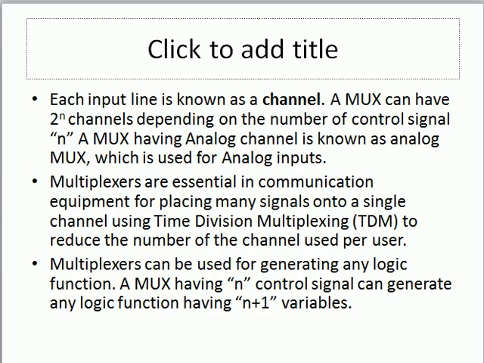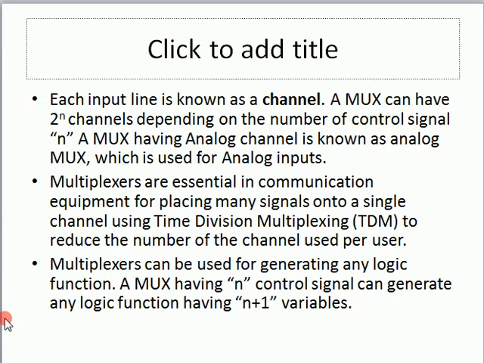Each input line is also known as a channel. So a MUX can have 2 raised to the power n channels depending on the number of control signals n. A MUX having analog channels is known as an analog MUX, which is used for analog inputs.